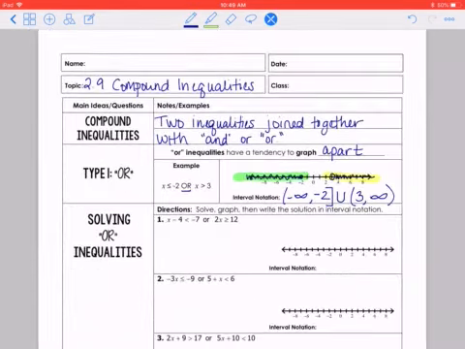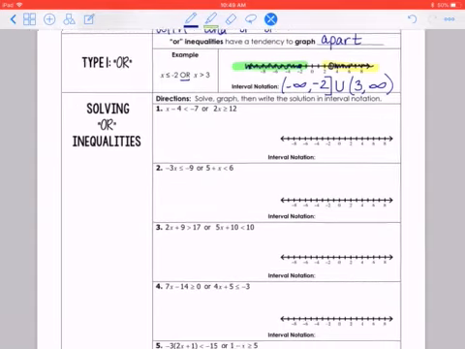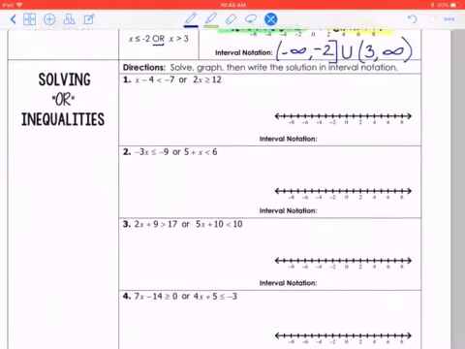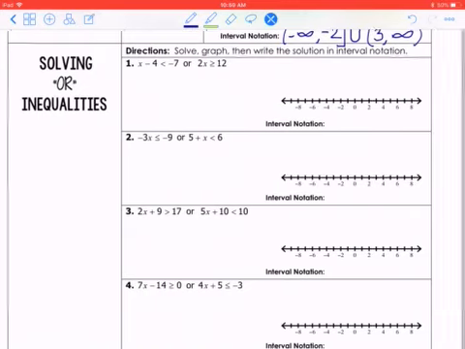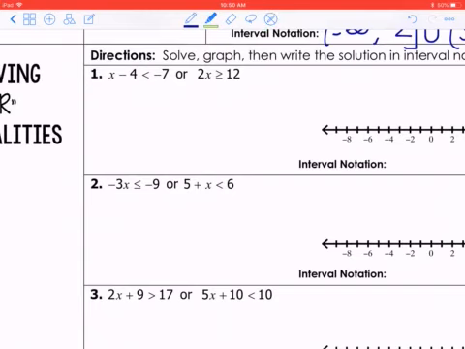So let's run through some examples. You're going to solve them the same way that we're used to. We can start with something a little bit more basic. So for number 1, we solve our or. It's important to know that these are always going to be or. First thing I'm going to do is add 4 to the one on the left. The 4s cancel, and we have x is less than negative 3.